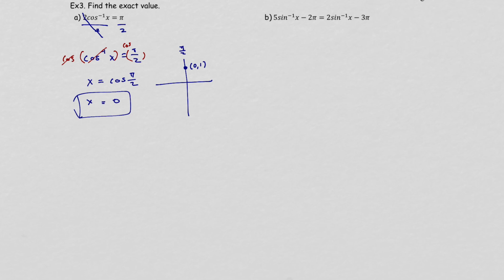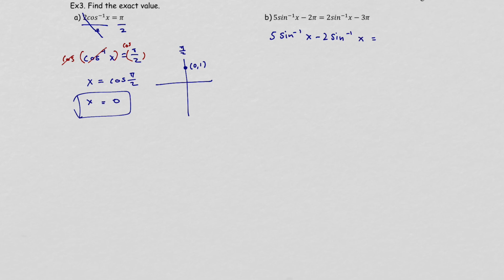So I will have 5 sine inverse x with 2 sine inverse x. In order to put it together, you need to subtract. So move this to the other side of the equation. So it becomes negative 2 sine inverse x.